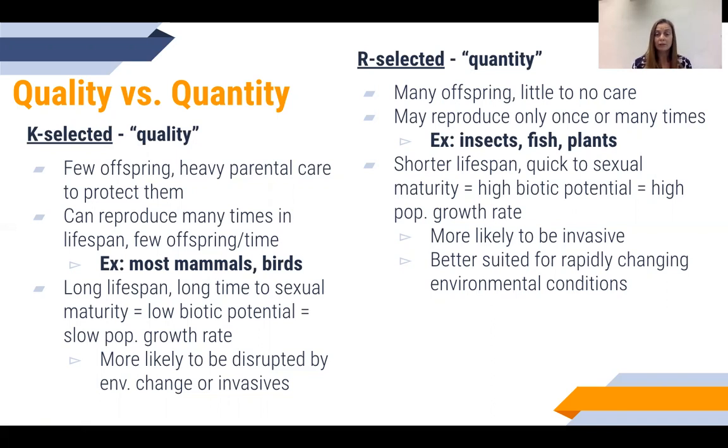So if you have a generalist R-selected species, it is well adapted to become an invasive species. Because they reproduce so quickly, that means that evolution, the change in a population, can happen relatively quickly. And so the R-selected species also fare better in changing environmental conditions because those adaptations can more quickly be passed down through generations.